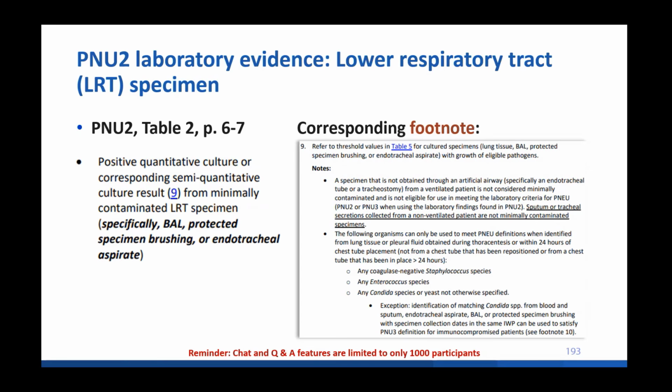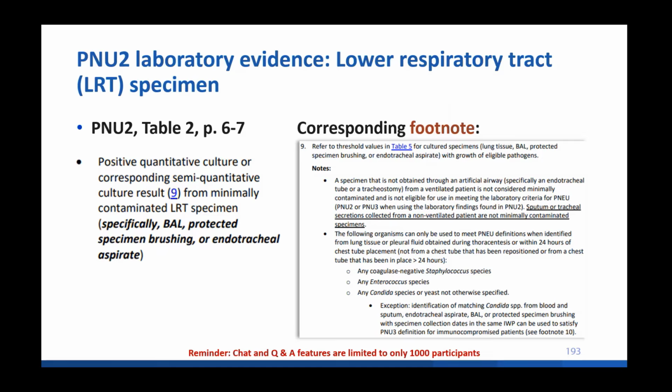Next, we're going to look at positive quantitative culture or corresponding semi-quantitative culture results from minimally contaminated lower respiratory tract, or LRT specimens, which are specifically bronchoalveolar lavage, protected specimen brushing, and endotracheal aspirate specimens. And as you can see, information from footnote number 9 is part of this laboratory element.